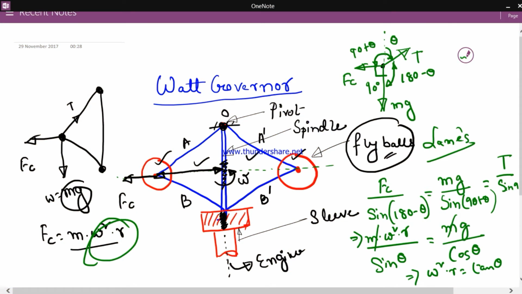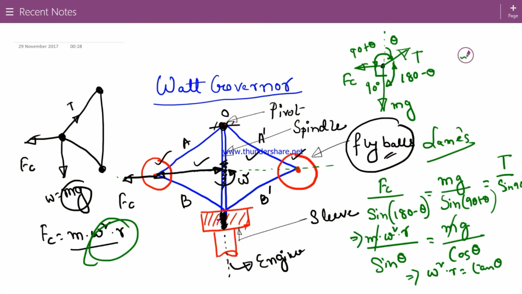Omega square r by g is equal to tan theta. Tan theta is nothing but r, this distance, over h, the distance from the pivot to the center of the fly ball, which is our governor height.